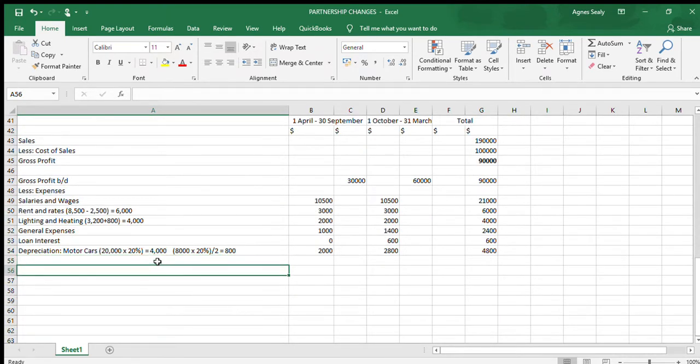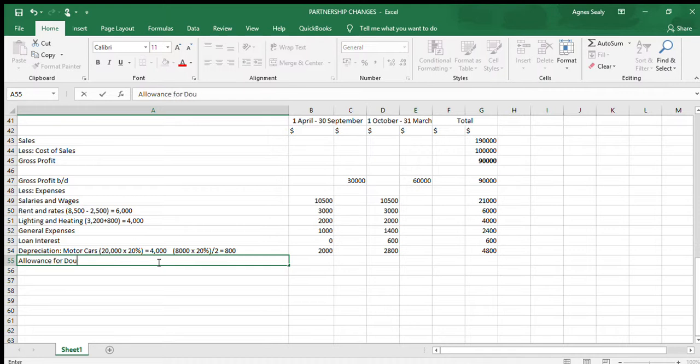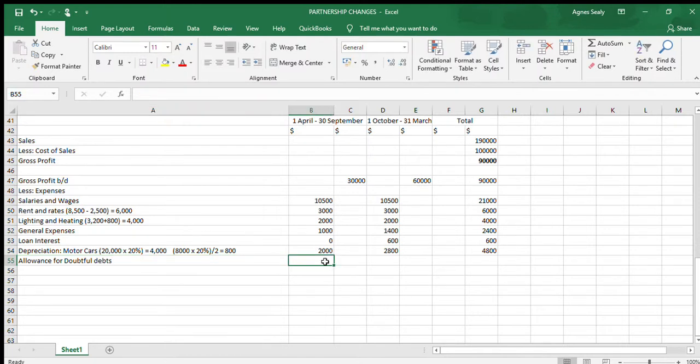So we have the allowance for doubtful debts, which equals $12,000 times 4%, which is 0.04.